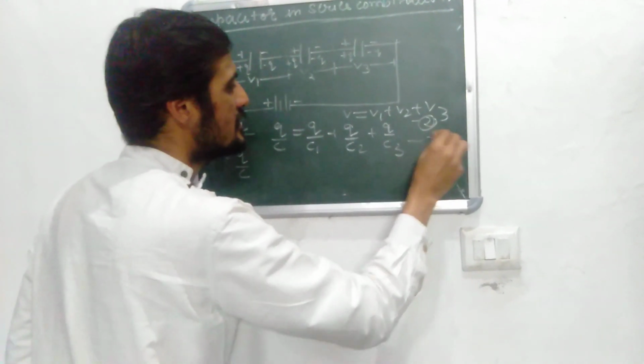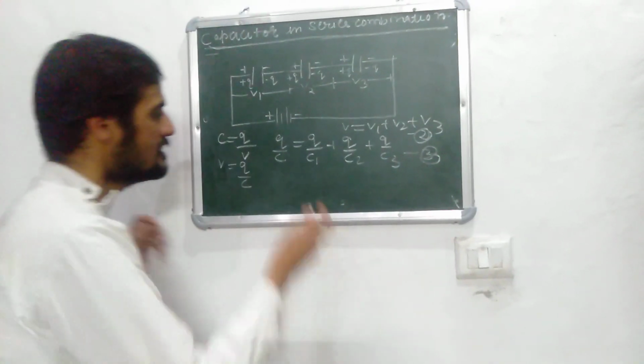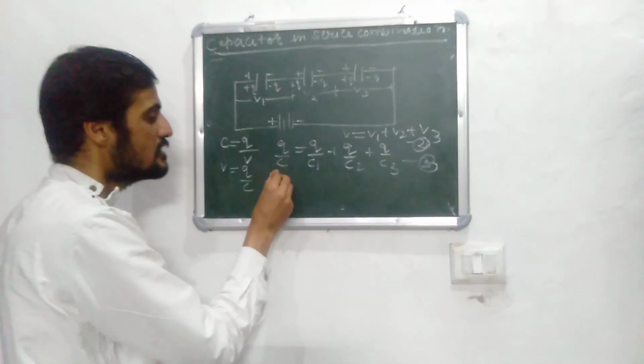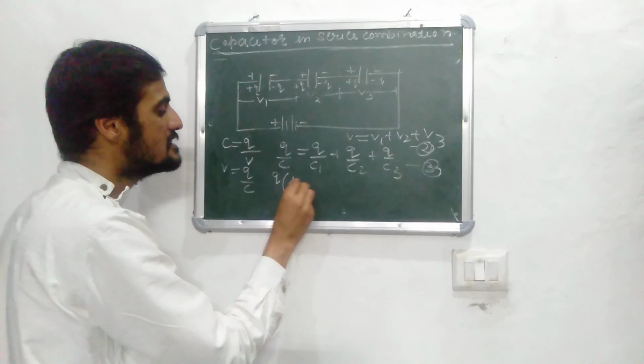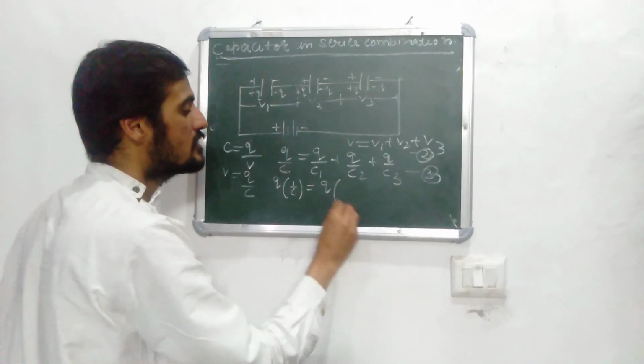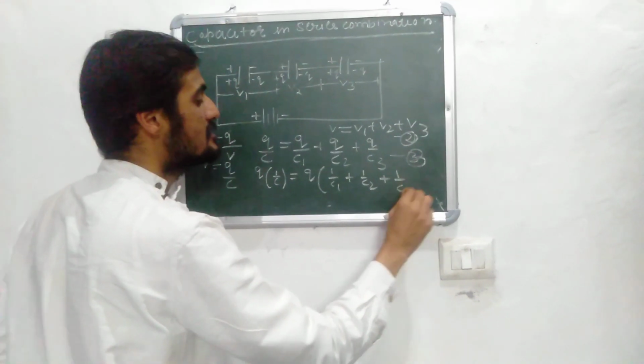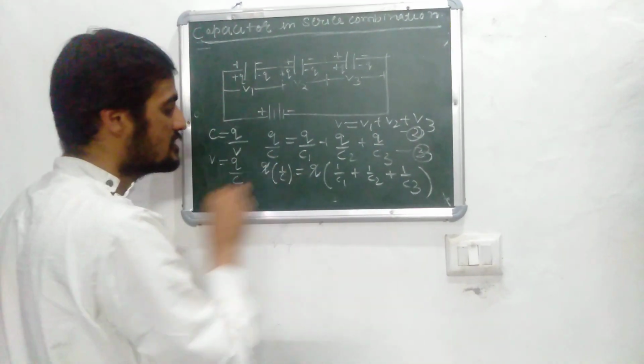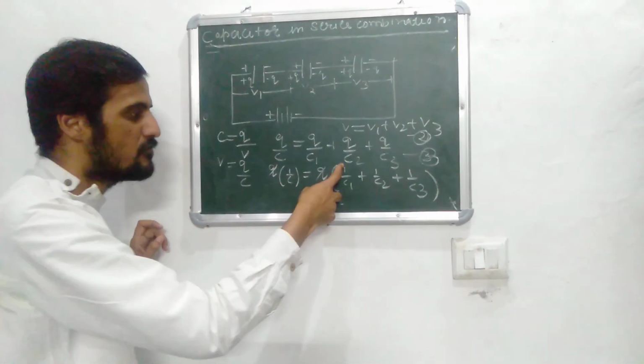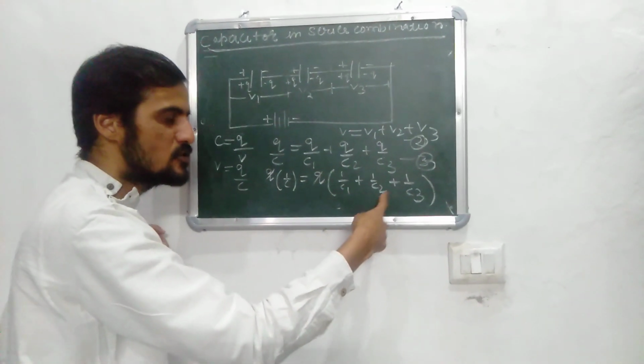This is equation number 3. If we take Q common, then Q cancels out and we get 1 upon C is equal to 1 upon C1 plus 1 upon C2 plus 1 upon C3.